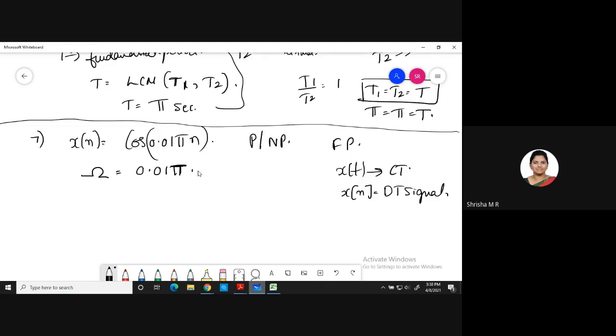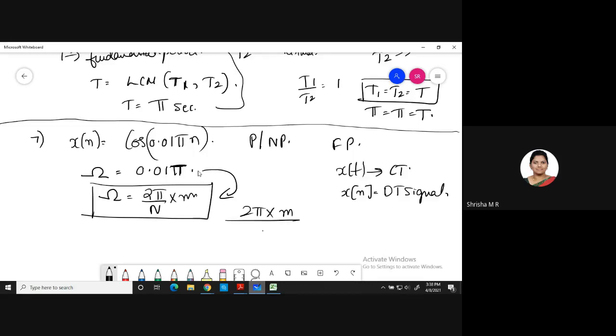So we know that omega is 2 pi by n. So if we have omega as 0.01 pi, try to express this as 2 pi into m by n form. Okay, so how do you express this in 2 pi into m by n form?